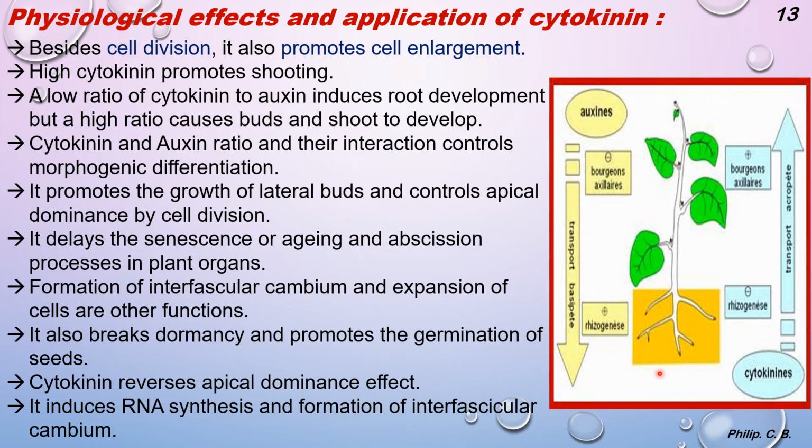Here again I added a simple image showing the auxin and cytokinin ratio; when it is changed, the interaction controls the growth of the shoot or the root part. So rhizogenesis, that is root length can be increased, or the shoot length.